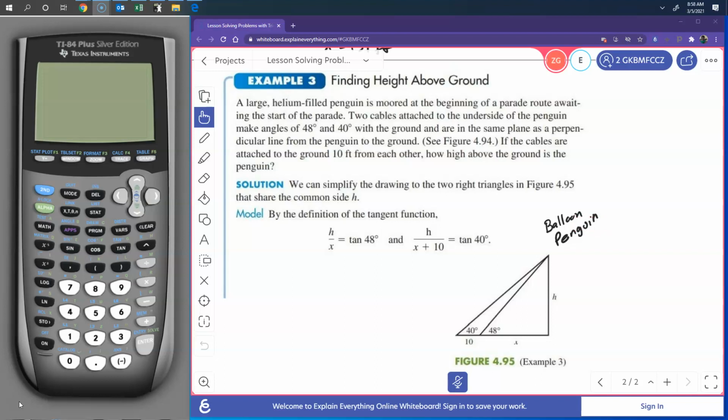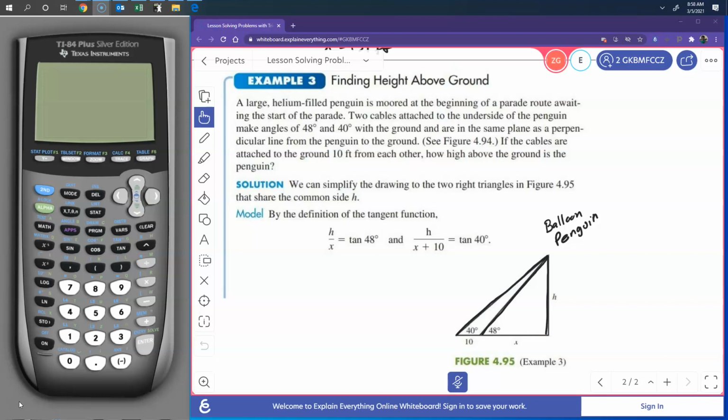Okay, so we have two cords that are holding on to the penguin, and at this point, this is the height of the penguin as perpendicular to the ground. When I say perpendicular, that means it's making a right triangle.